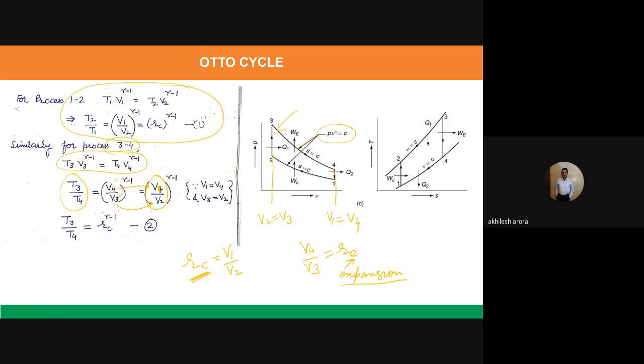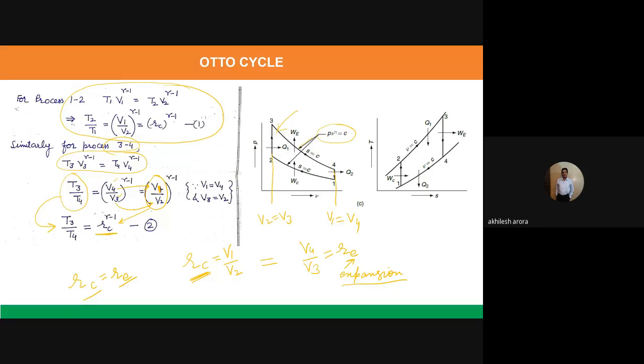And in case of the Otto cycle, both values are equal, that is, RC is equal to RE. Compression ratio is equal to expansion ratio. So that is why in the next line I have written that T3 by T4 is equal to RC raised to power gamma minus 1, because RC and RE both are the same.